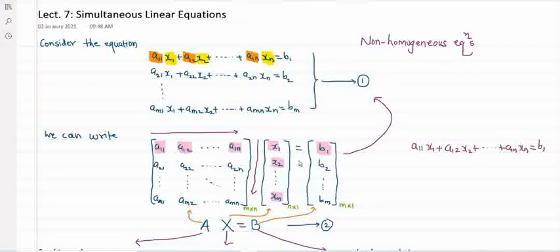All the constant terms are 0, sir. Yes, all the constant terms are 0. That means if B1, B2, Bm are 0, that is called homogeneous. I'm asking why these become homogeneous if constant terms are 0. Omkar, suppose you take B1, B2, Bm as 0, then it becomes homogeneous, you say. Why does it become so? Why?